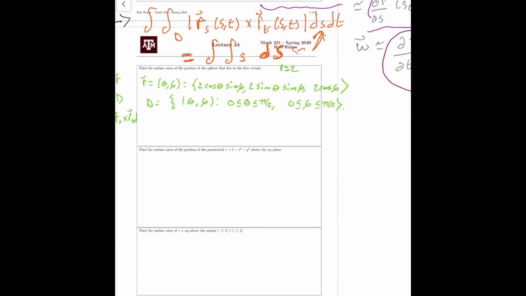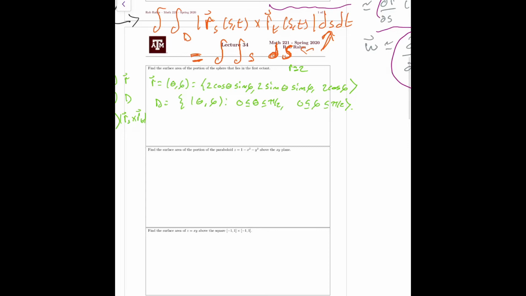Okay, so now we need to compute r_s cross r_t, or in this case, r theta cross r phi. So r theta is equal to minus 2 sine theta sine phi, 2 cosine theta sine phi, 0.